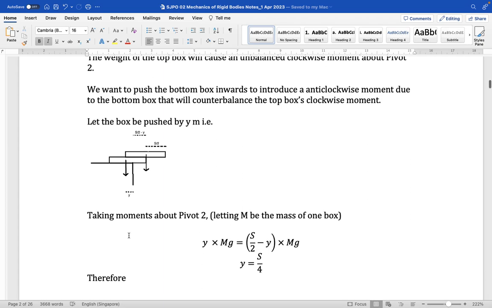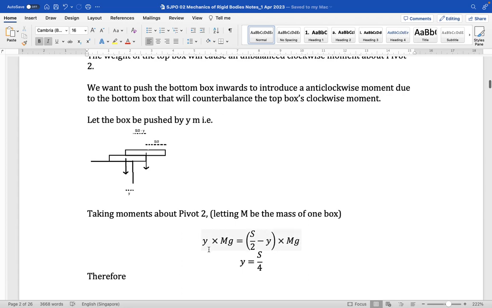Let us take a look at the equation. So y multiplied by mg, where m is the mass of each of the boxes, equals s over 2 times mg. Now, because you push the entire system inwards by a value of y, this CG will also be moved inwards by a value s over 2 minus y. And mg is the mass of this box multiplied by the gravitational field strength.